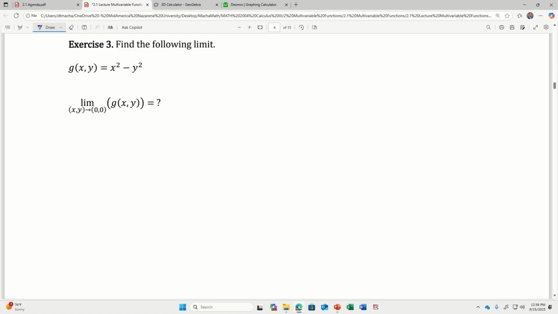And in this case, it's very, very easy. All we need to do is plug in x equals 0 and y equals 0. And the limit is 0.